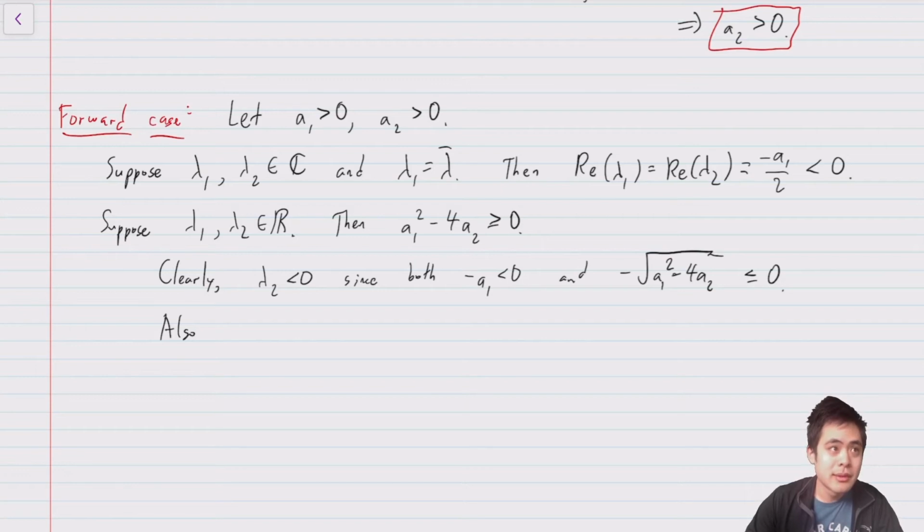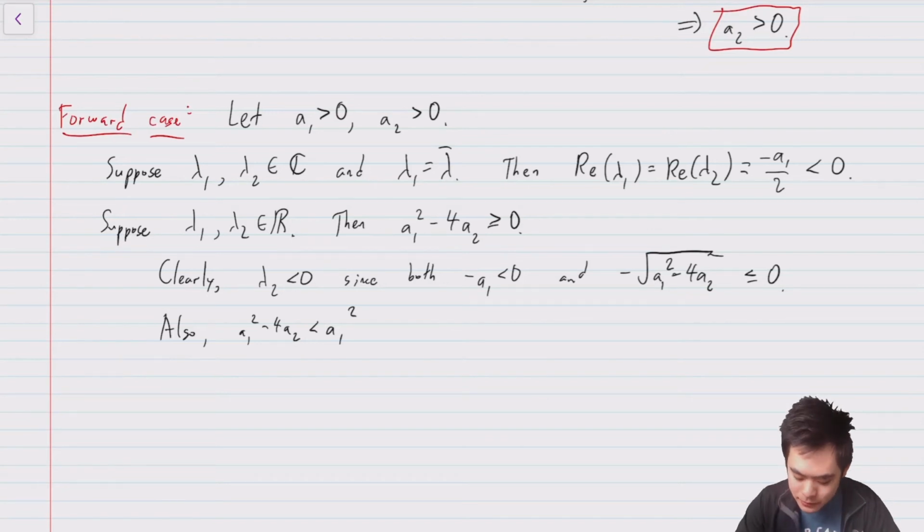Also, we know that a1 squared minus 4a2 is less than a1 squared, because we know that a2 is greater than 0, so you're subtracting a positive number. If you subtract a positive number, you're clearly going to be less than what you started with.